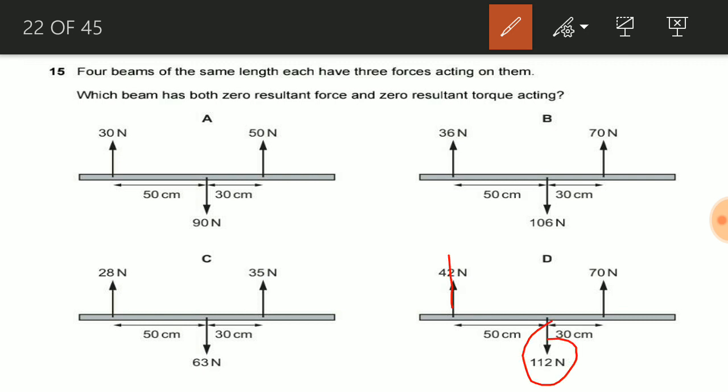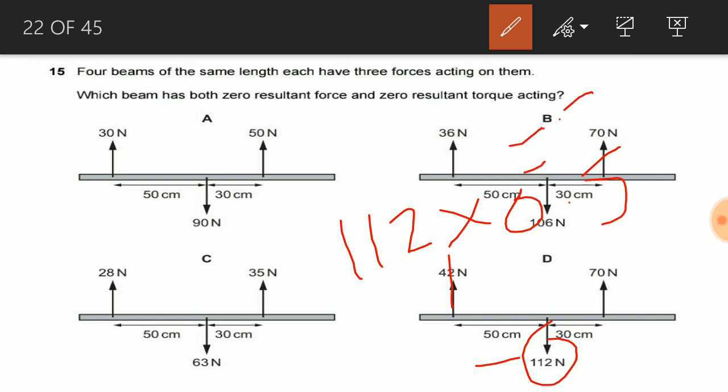If I calculate the moment of this force 112, it is at a distance of 50 centimeter. So 112 into 0.5, on converting in SI unit, I will again get 56 Newton meter. So the clockwise and anti-clockwise moments are equal with each other.